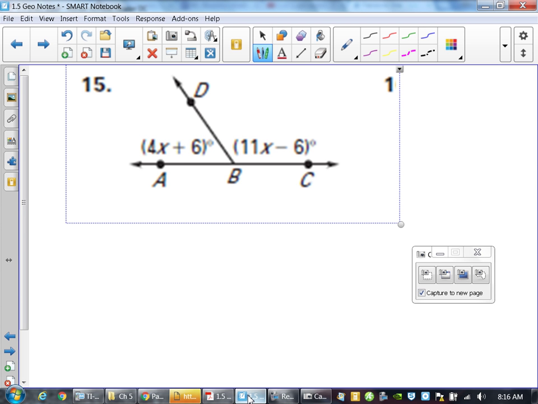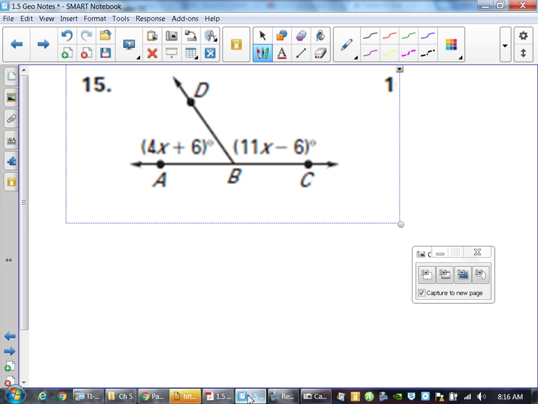So if I start by looking at what we have, what angle pair relationship do we have, ladies and gentlemen? They're adjacent, good, but more specifically, why should they equal 180?